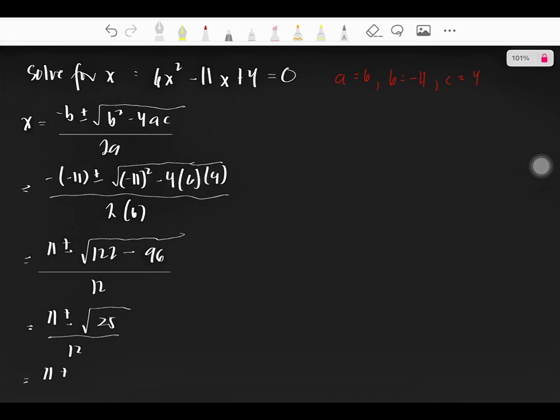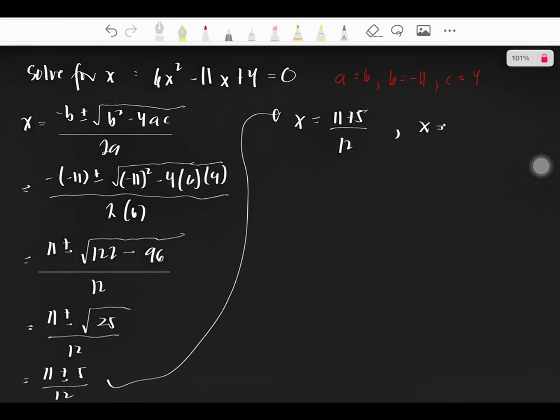And also the square root of 25 is 5. So let's separate our answer into two. We have x is equal to 11 plus 5 all over 12, and we also have x is equal to 11 minus 5 all over 12. So let's first solve for the first x.